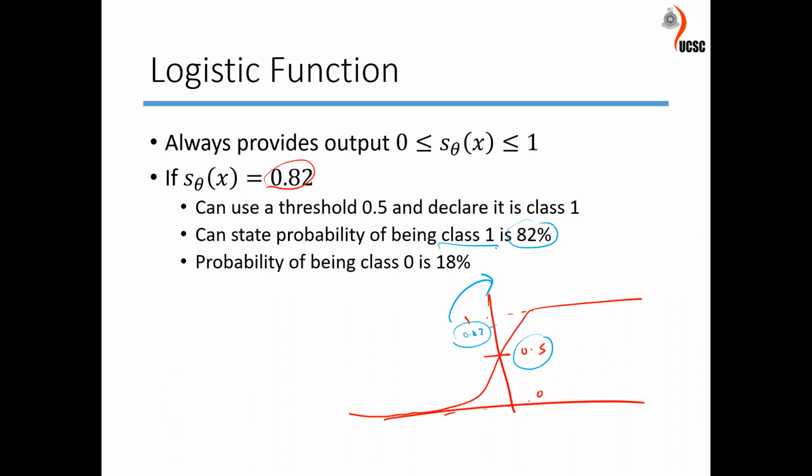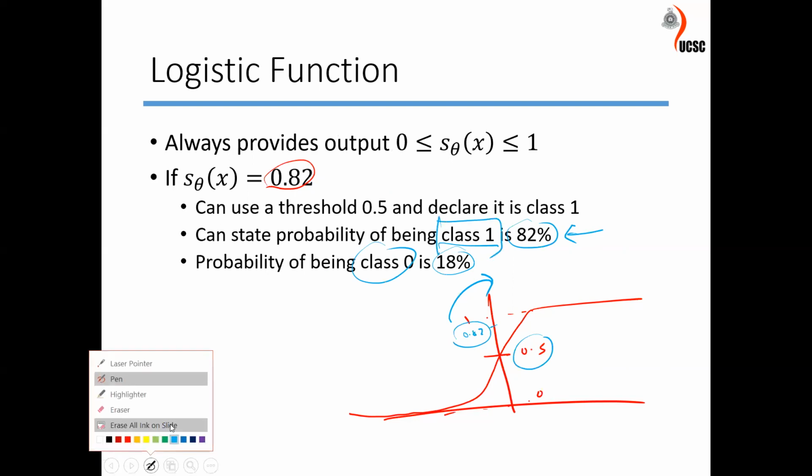In other words, that means it has 18% probability to fall under class 0. So it has more probability to fall under class 1. That's the basic idea.